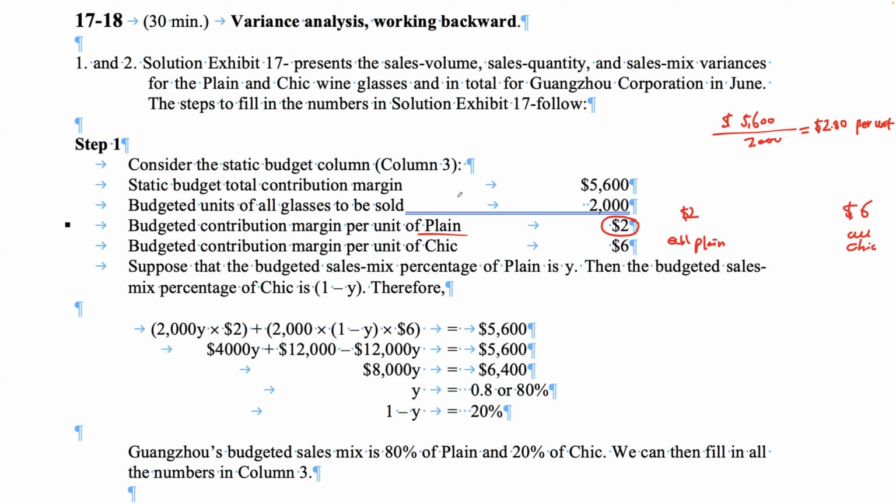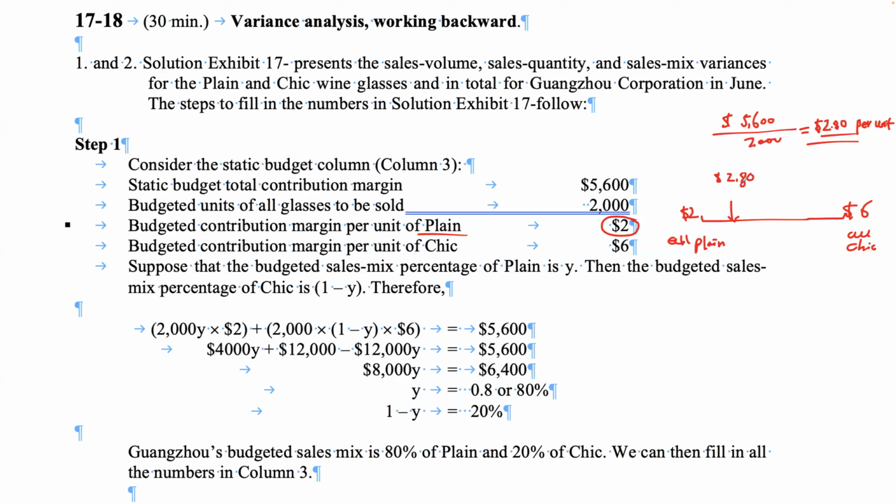If 100% of sales is plain, it's $2, right? But this is a sales mix. It has to be a number between these two numbers, $2 and $6. And we just calculated this here, 2.8.